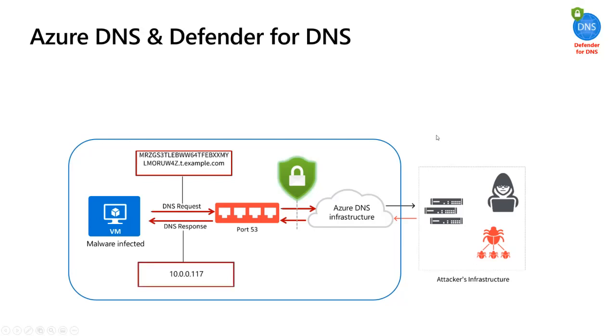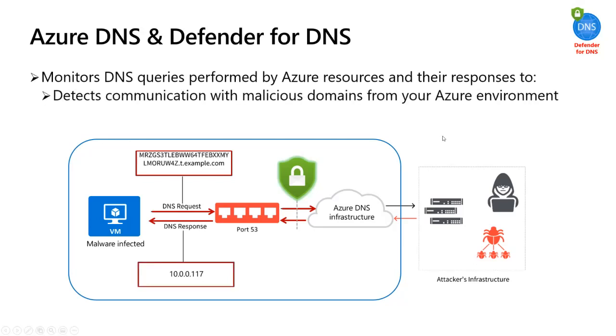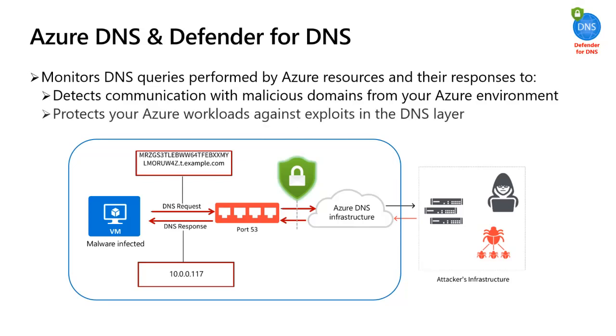By monitoring DNS queries and responses performed by Azure resources, Defender for DNS can detect communication with malicious domains from your Azure environments, but it can also protect your Azure workloads against exploits in the DNS layer.